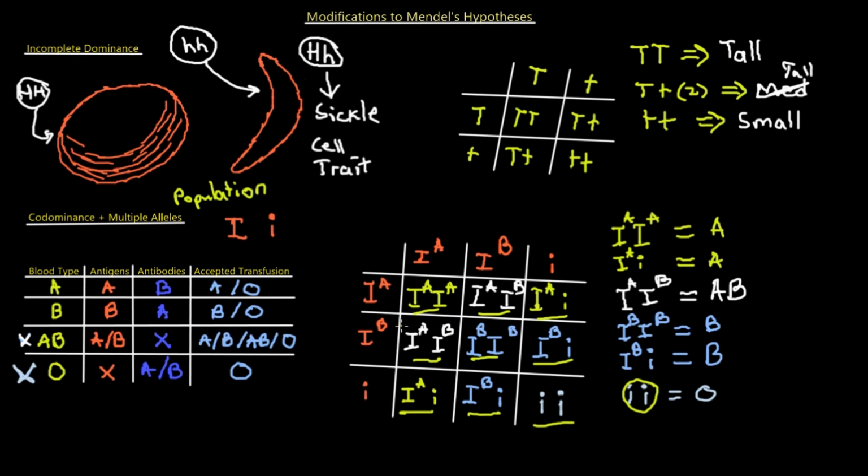You cannot have 3 alleles on the homologous pair of chromosomes. Each individual is going to have just a pair of alleles, just like Gregor Mendel has mentioned in his hypotheses. However, for the population, there's going to be multiple alleles.